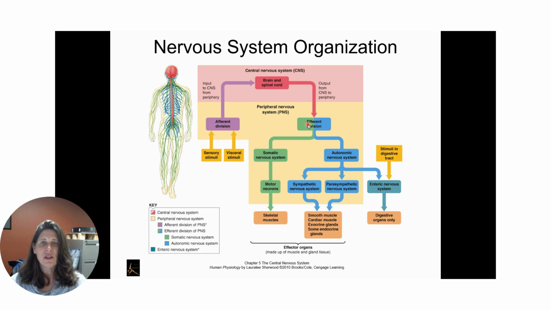If the response is from skeletal muscle to move, that's in the somatic nervous system. If the response is in your organs, that's in the autonomic nervous system. If you're in a fight or flight state, nerves associated with the sympathetic division are activated. If we're in a rest state, rest and digest, we call it, we're in the parasympathetic nervous system.